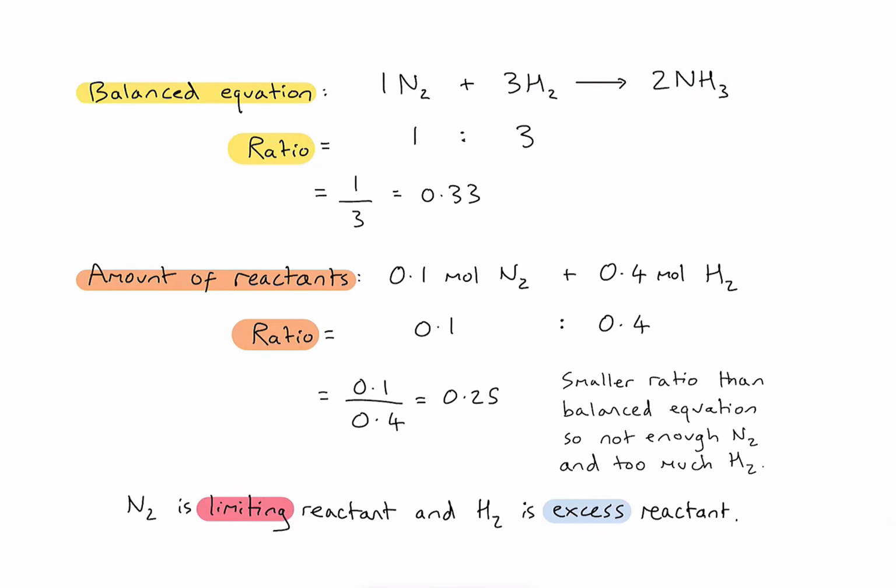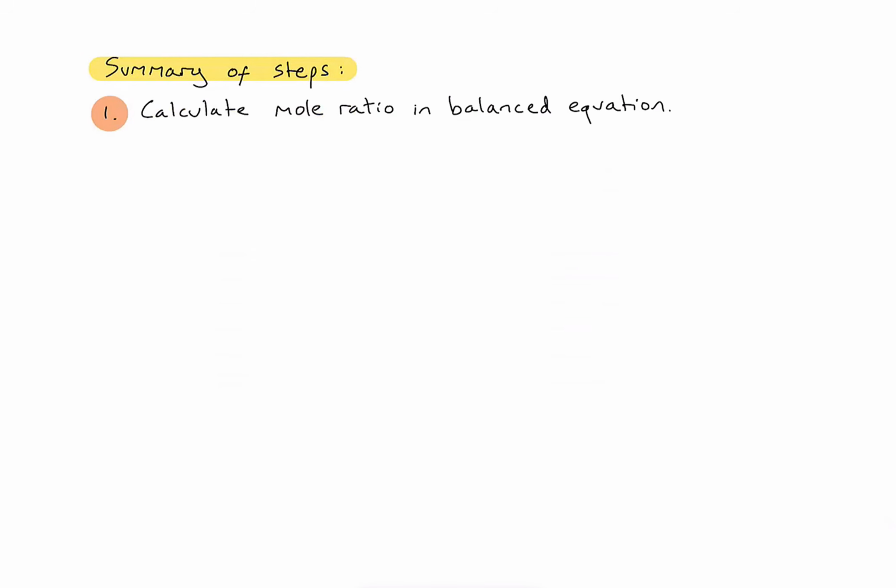As a quick summary of those steps, let's jot those down. So here's a little summary. First thing we need to do is calculate the mole ratio in my balanced equation. Secondly, we need to calculate the mole ratio of the reactant amounts that are actually given in my question.